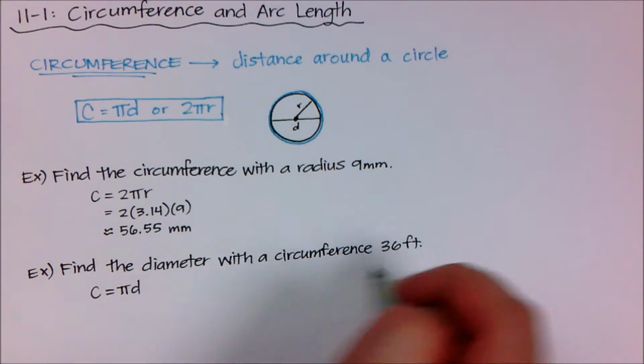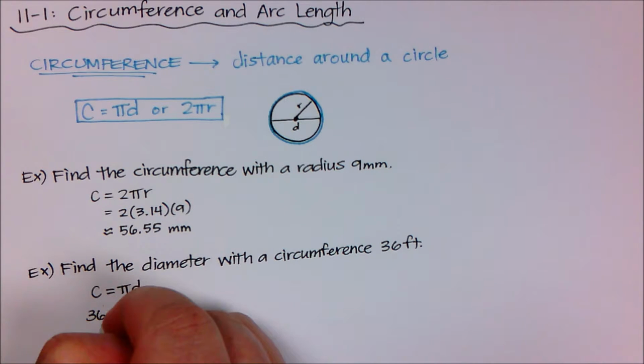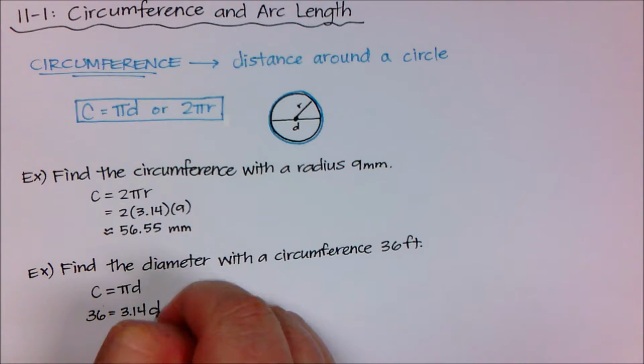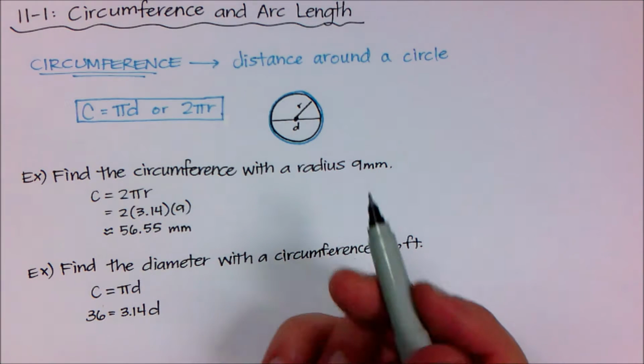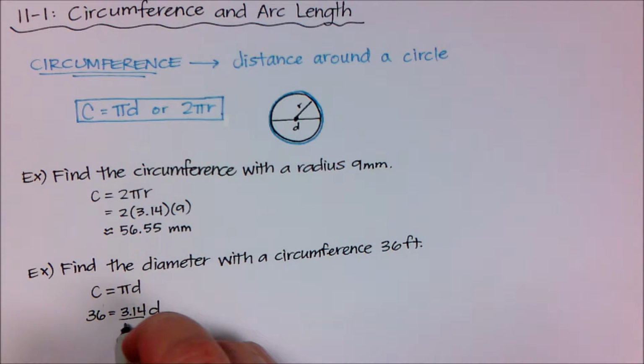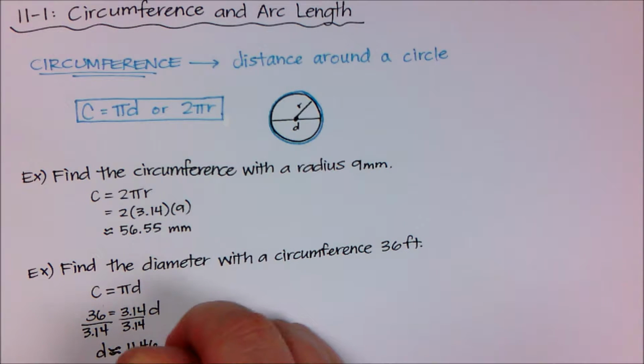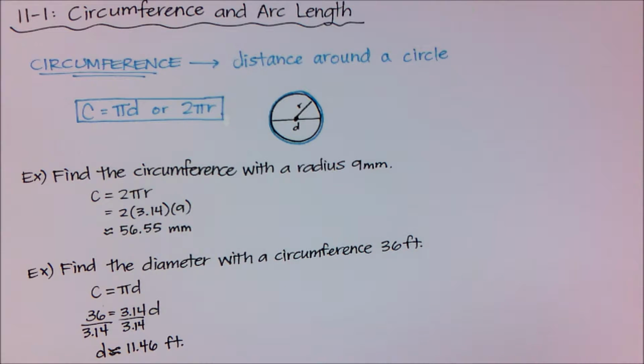The circumference is 36, and we're going to use 3.14 for pi times d. Let's divide both sides by 3.14. Then we'll find that the diameter is about 11.46 feet, and I would do that using my calculator.